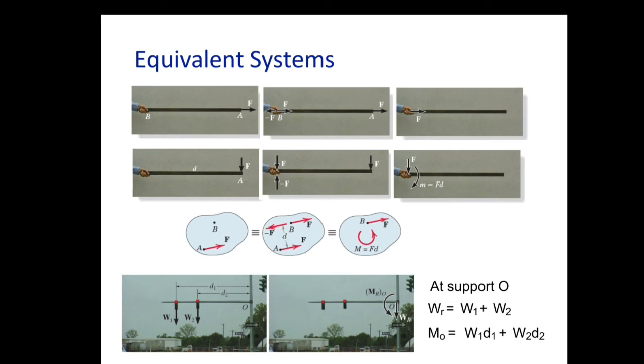So the moment at O will be equal to W1 into D1 plus W2 into D2. So we can say the equivalent force system and couple applied at O will be WR downward along with the moment of a couple MRO. This is the equivalent system at point O. Why is this required? To design this joint to carry these two loads. That's why we have to learn about this point.